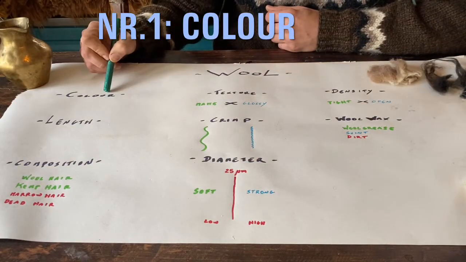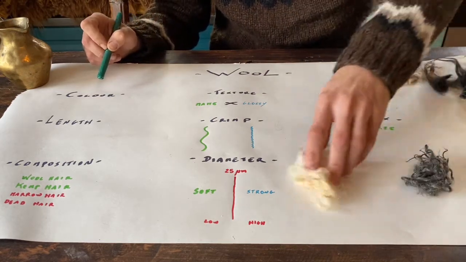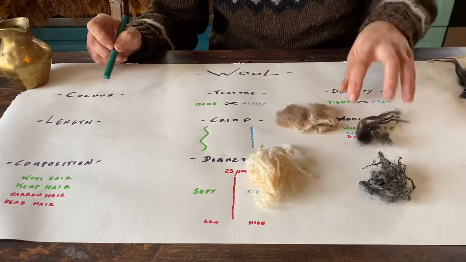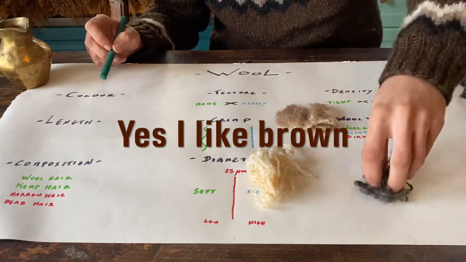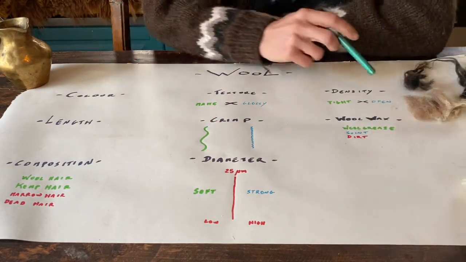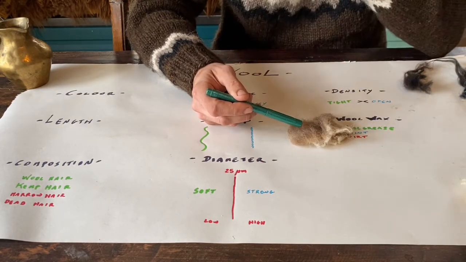Obviously, we start with color. So you can see wool comes in many different colors. We have it white, we have it brown, we have it gray or black or brown or anything in between. There's nothing much to say about this other than colored wool is a lot more difficult to dye.